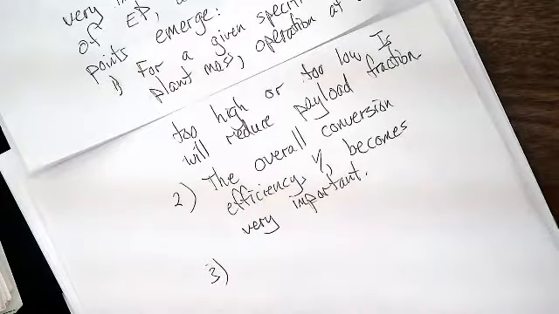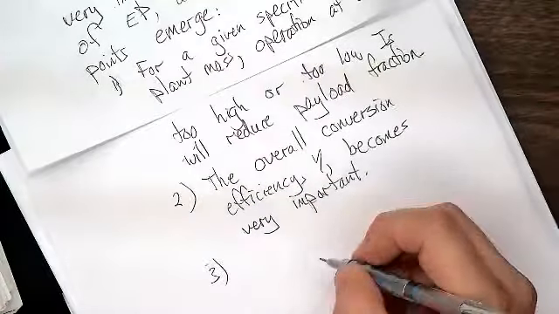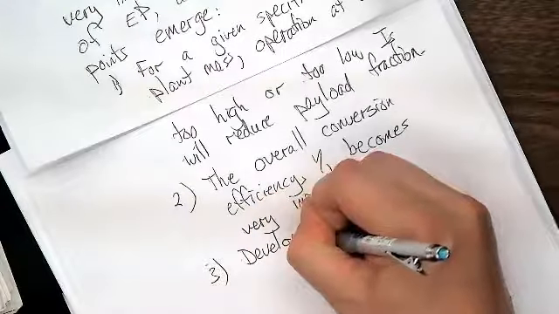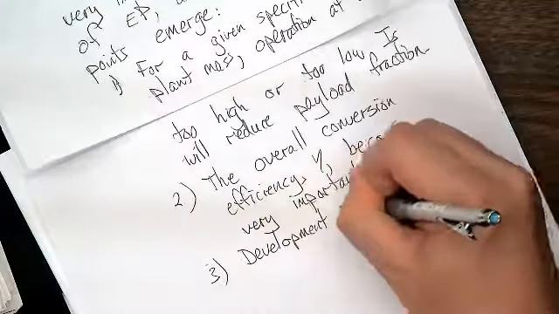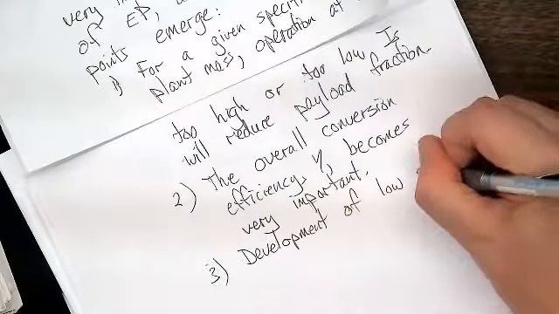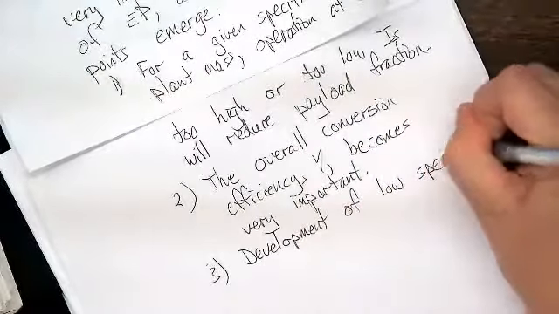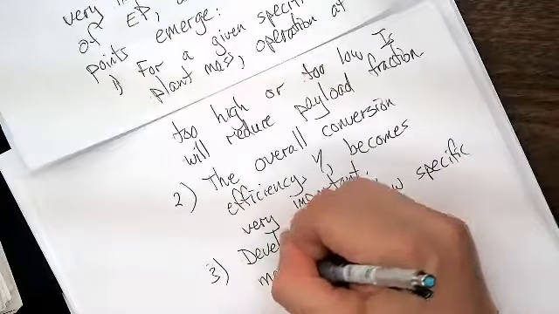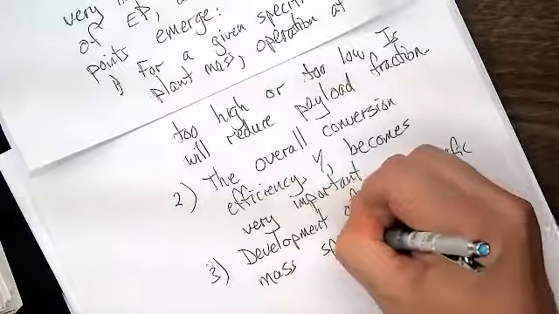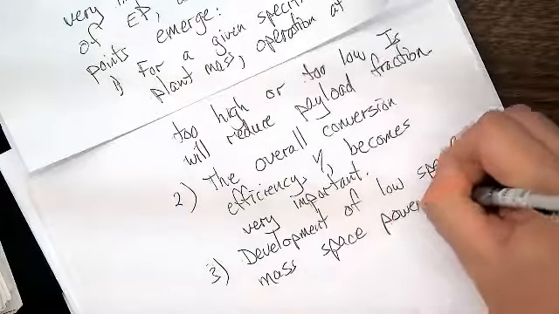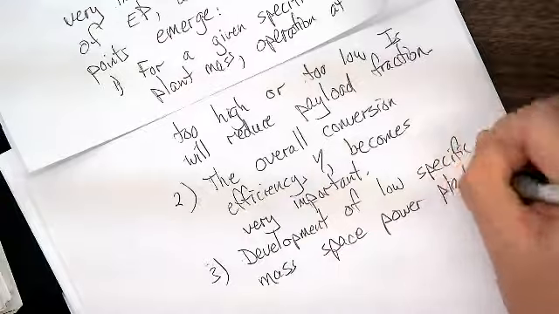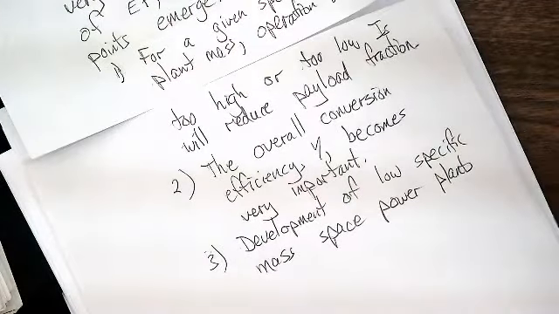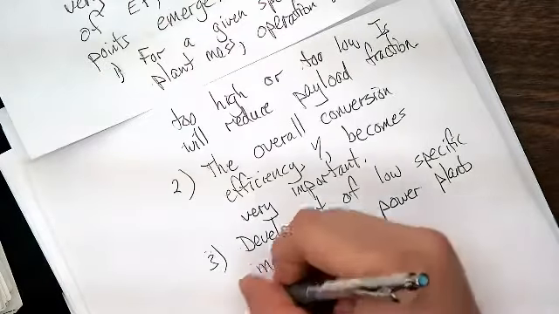And the last important point is that development of low specific mass space power plants is as important as the development of high ISP thrusters.